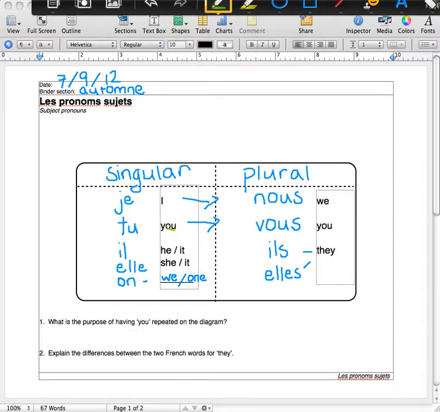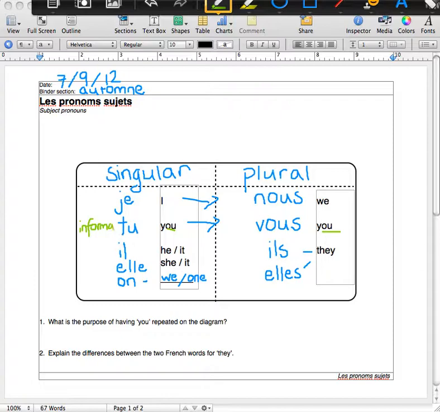Why do we have two U's? Well, let's start with the word tu. It's in the singular column, which means if I'm talking to just one person, I'm going to use tu. And maybe I don't know that person. Well, that's where it gets a little different, because the tu form, as we call it, is informal.